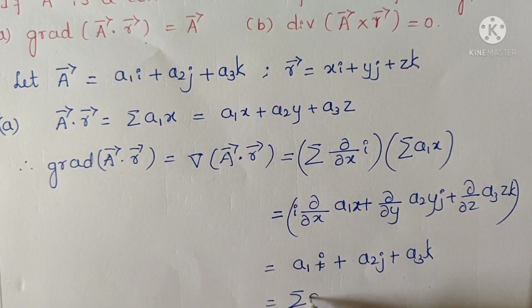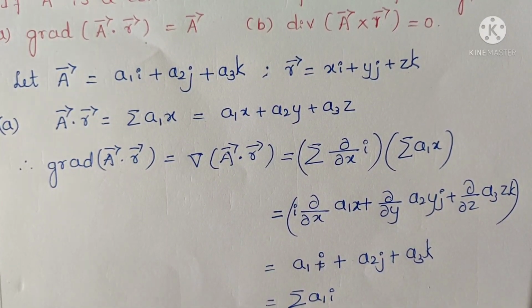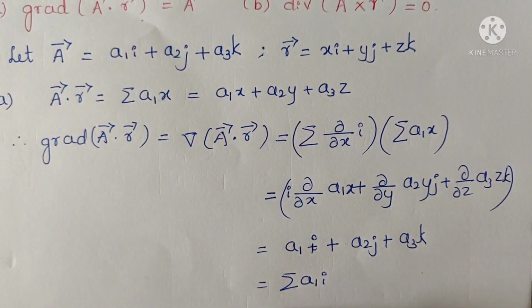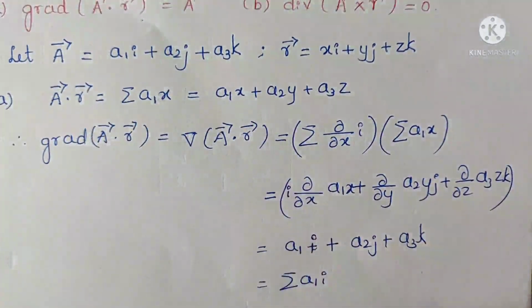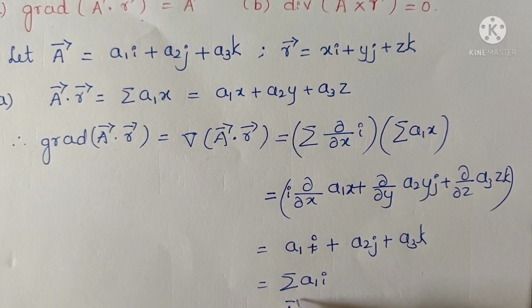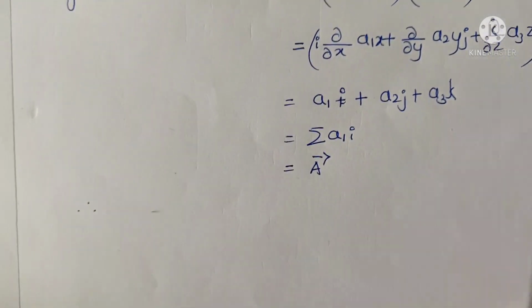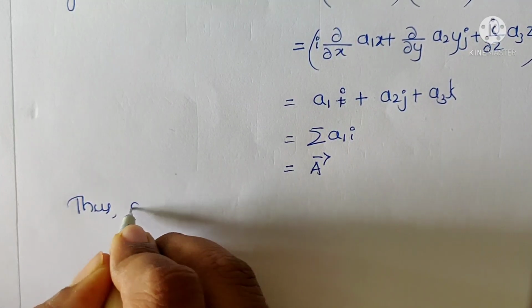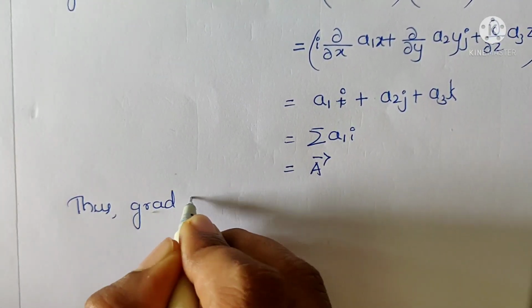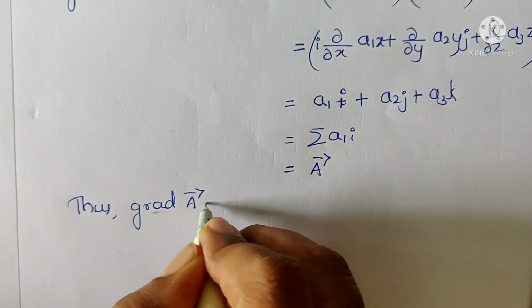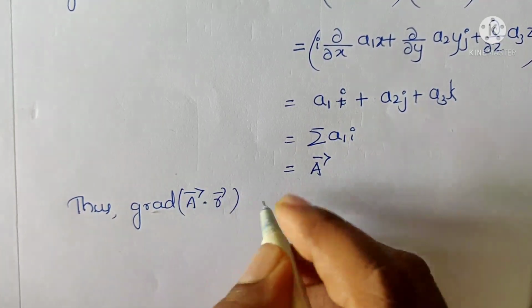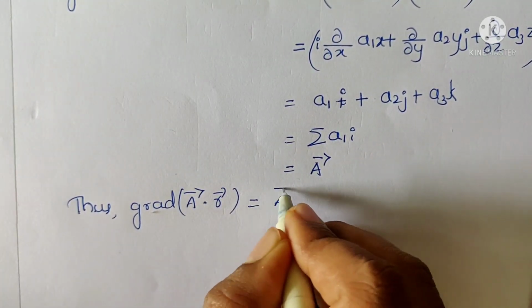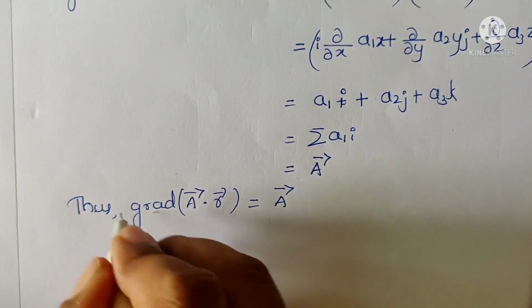But A1i plus A2j plus A3k is what? Vector A. Therefore, the gradient of vector A dot R is equal to vector A.